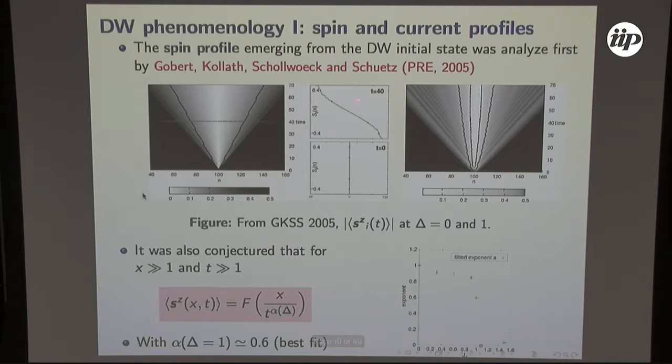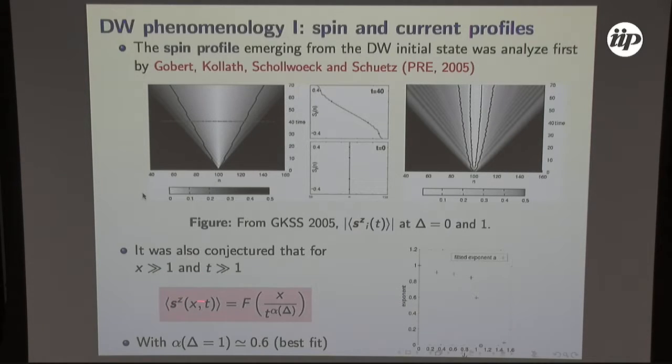So in this paper, they also conjecture a form, from numerics, for the magnetization profile. If you take x large with respect to the lattice spacing and you wait long enough, the system has to be infinite, otherwise this limit doesn't make sense.